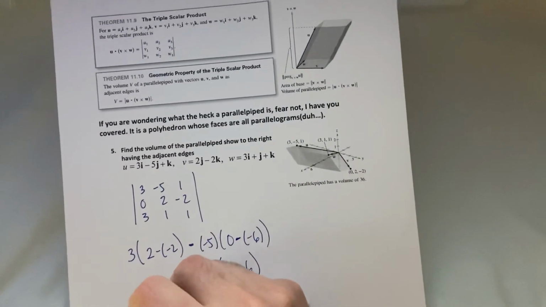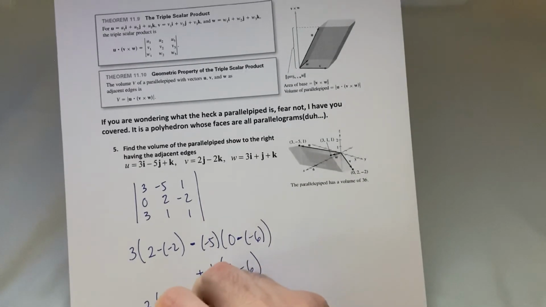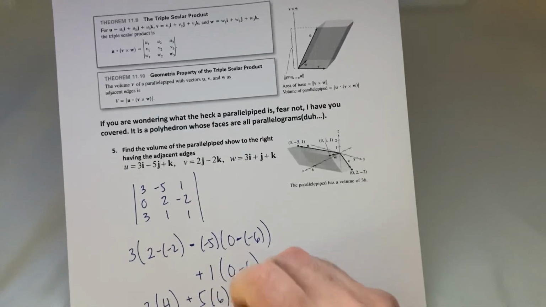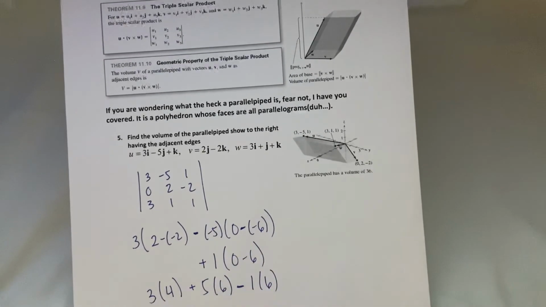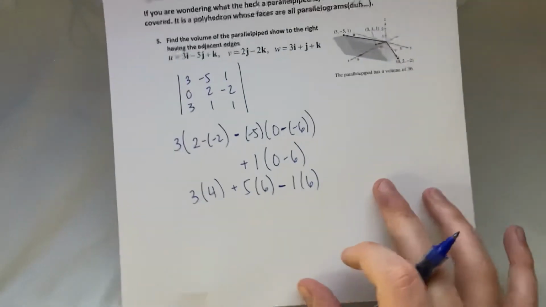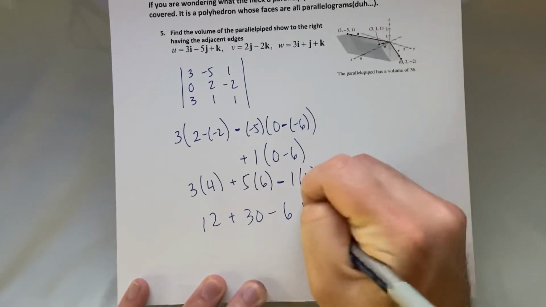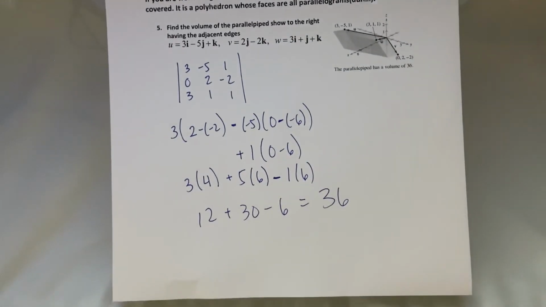That is 3 times 4 plus 5 times 6 minus 1 times 6, because I'm pulling the minus out. This is 12 plus 30 minus 6, which is 36, and it's some unit cubed. We don't really know what the unit is, but that's the volume, and that is it for 11.4.